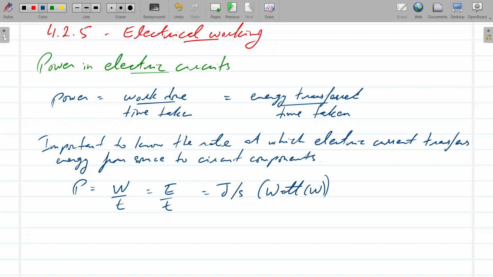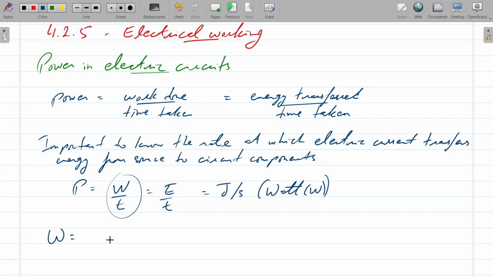Okay, so if we have P equals to W over T, earlier on, I'm not going to flip back, but if you recall, we found that work is done when there is a steady current for a particular time in a device with a certain potential difference.